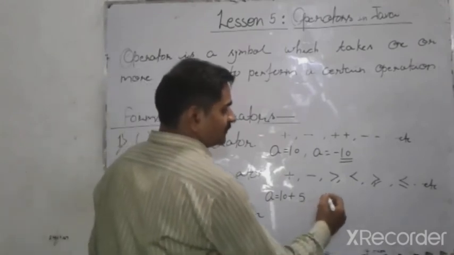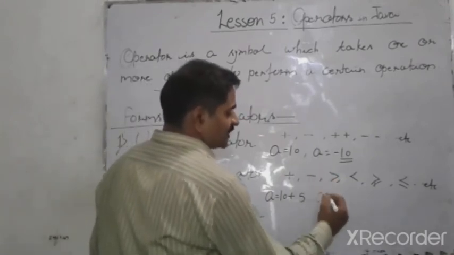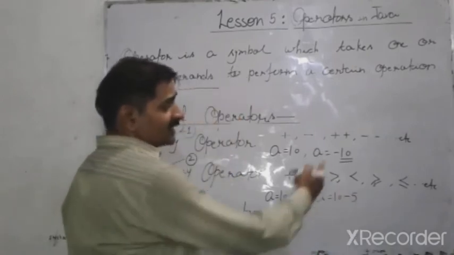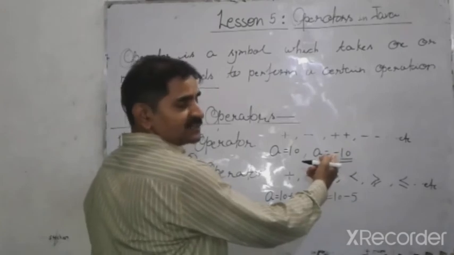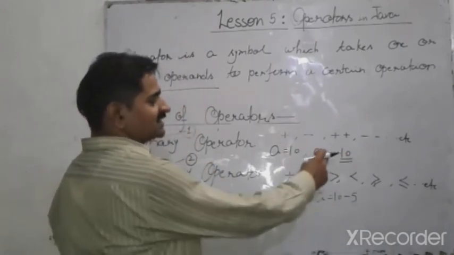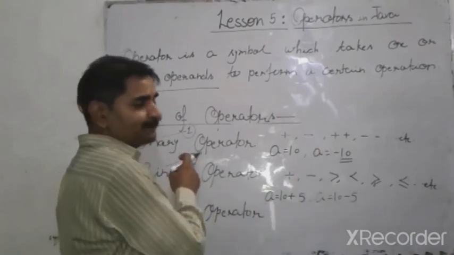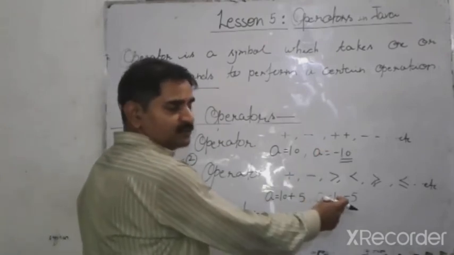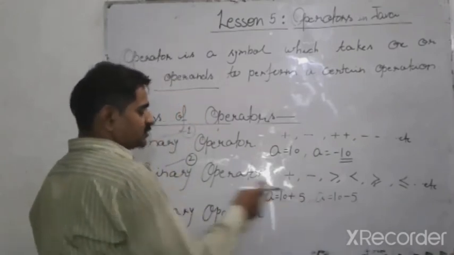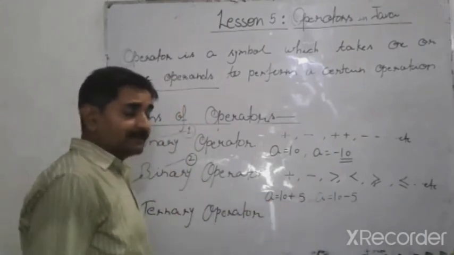Suppose we have to perform the subtraction, so we can write a is equal to 10 minus 5. Earlier, the minus sign was used with a single operand, so there minus is a unary operator. But here minus is used with two operands. So in this case we can say minus is also a binary operator.